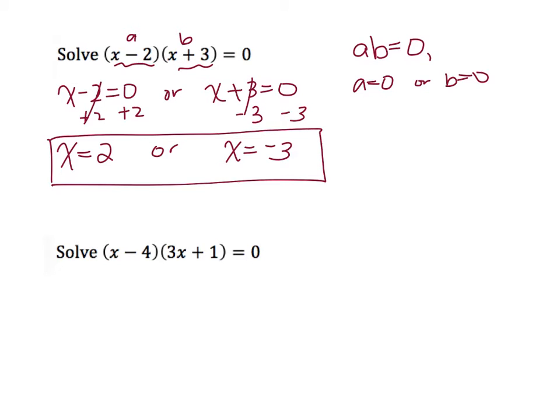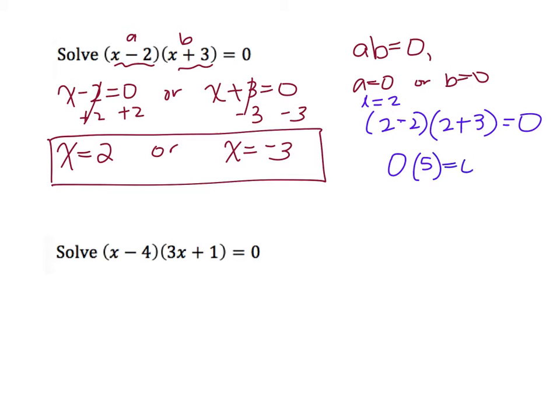Let's actually just show that right now. Let me choose a different color, which is blue over here. If x is equal to 2, then 2 minus 2 times 2 plus 3 is equal to 0. It should make this true. 2 minus 2 is 0, so I have 0 times 5 is equal to 0.